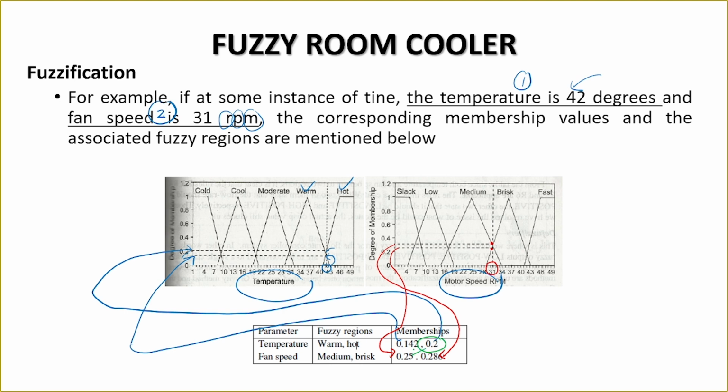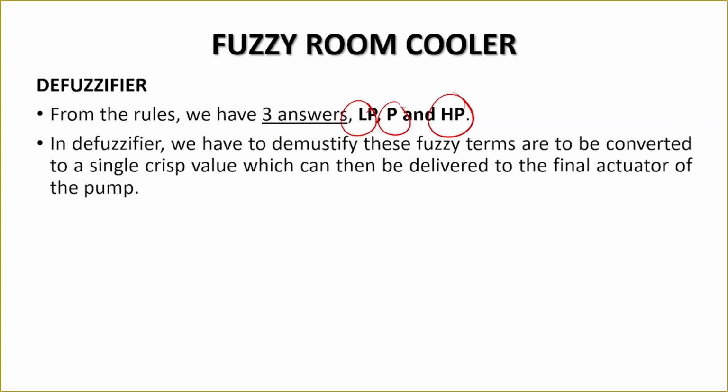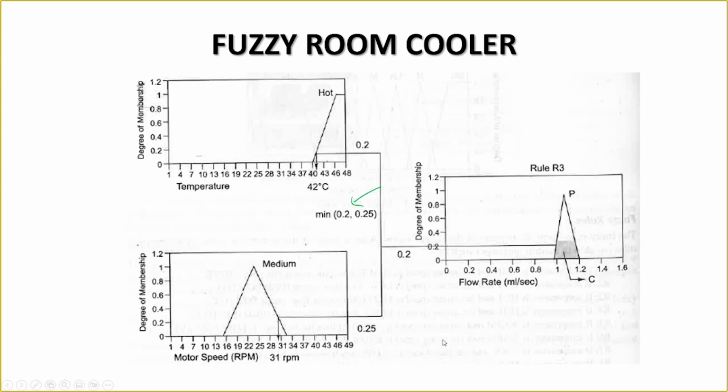We need to combine this and this at first. The first one is 0.2, which is hot, and fan speed is 0.25, brisk. So what we have here is trying to find the level of these two memberships. We find the minimum of 0.2 and 0.25, so the result is 0.2, as the flow rate.